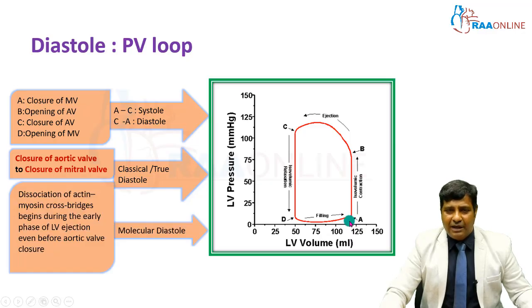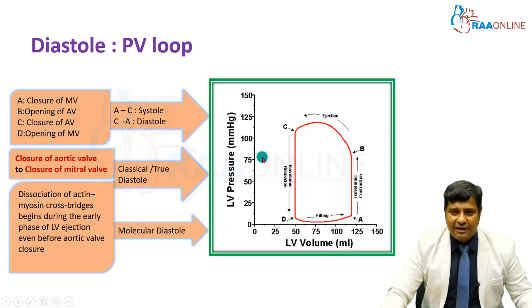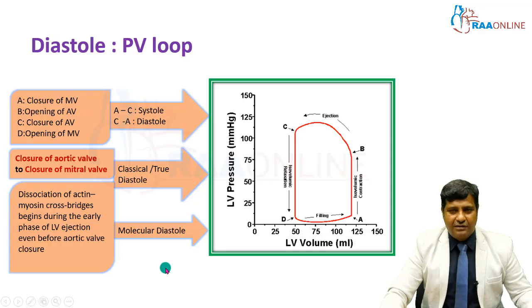But in fact, through recent advances we have understood that even though classical teaching says diastole starts from the closure of the aortic valve, immediately after the systolic period, the present understanding tells us that diastole at the molecular level starts much before. That is, whenever the dissociation of the actin-myosin cross bridges starts, that is the time where the true diastolic period starts. That means in the late systolic period itself, the diastolic period starts.